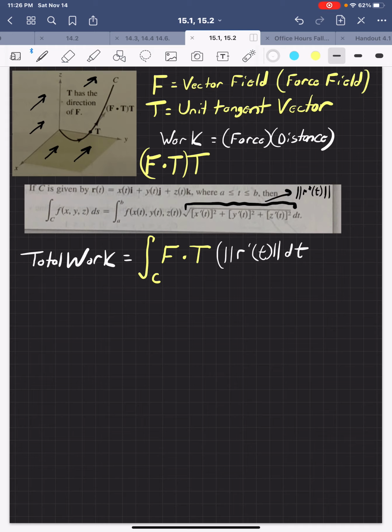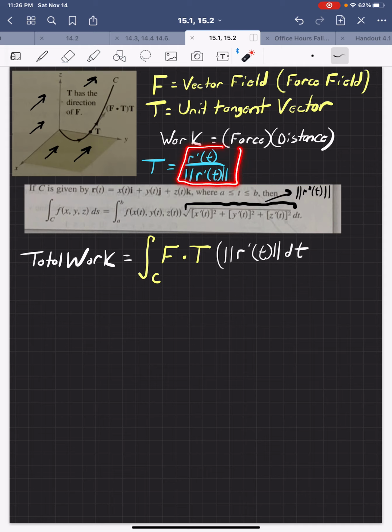The good news is, think back to our definition of the unit tangent vector. Our definition of the unit tangent vector was r prime of t divided by the magnitude of r prime of t. So some things are going to cancel out here that make our life a little bit easier.